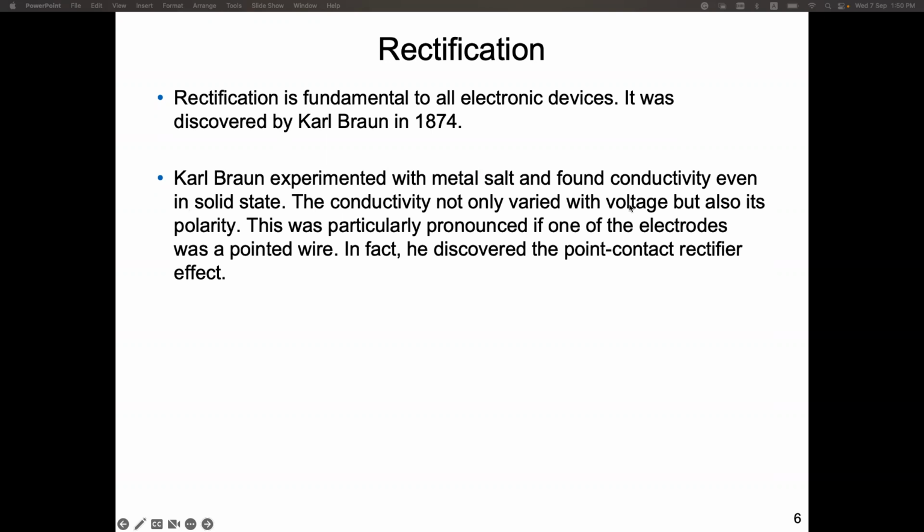If you reverse the polarity, you may see very little current. If you have another polarity, you see large current passing through the contact. And this phenomenon was particularly clear if one of the electrodes was a pointed wire. So in fact, he discovered the point contact rectifier effect without having the quantum theory.